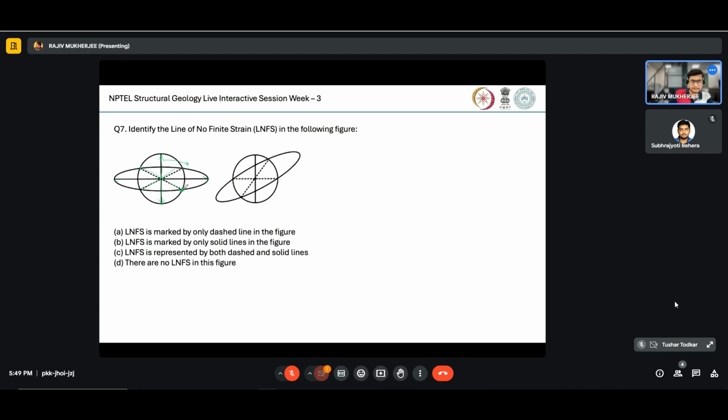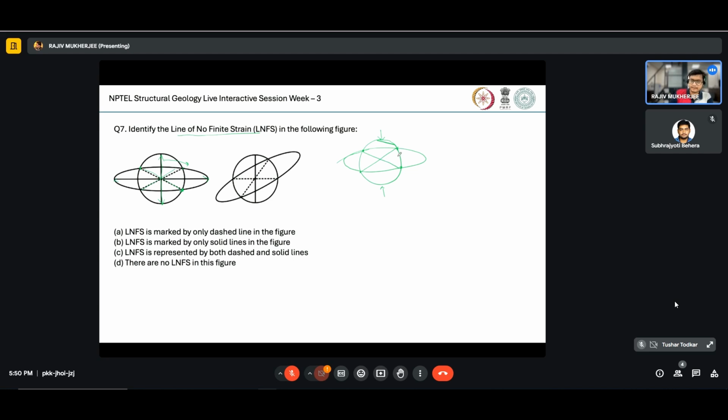So line of no finite strain means, say for example, you have this initial circle, right? Now it has been deformed to an elliptical shape like this, right? So you have these four intersection points. You join them diametrically opposite, so you will get these two lines.